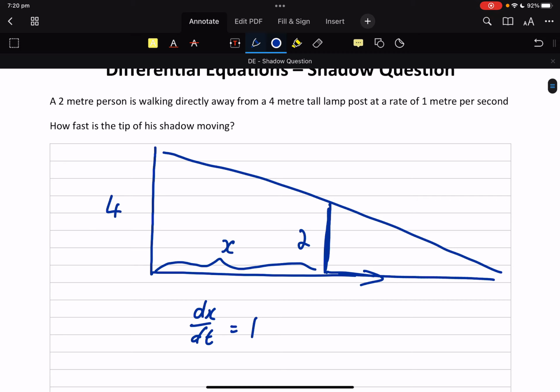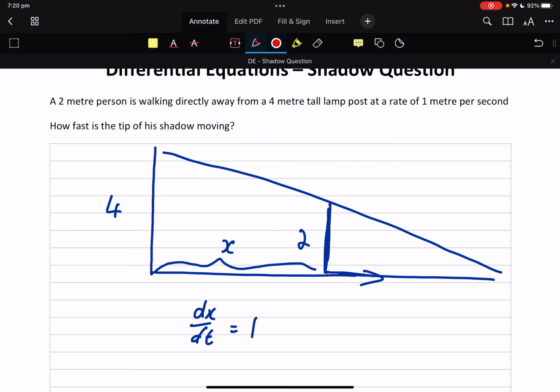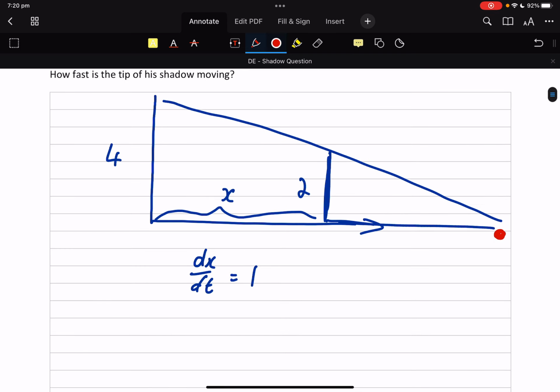I want to know how fast the tip of his shadow is moving, so let's look at that in red. Now the tip of his shadow is up here. We want it moving against the ground. The only thing that's connected to the ground is the lamp post. So I want to think of how fast that red dot is moving away from the stationary point there.